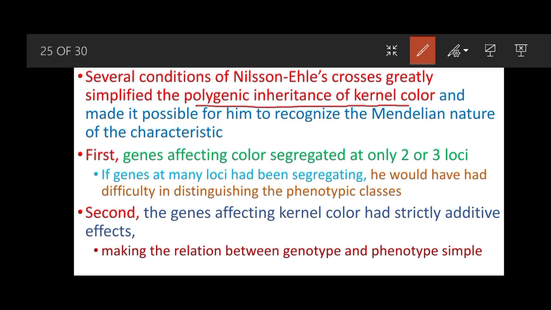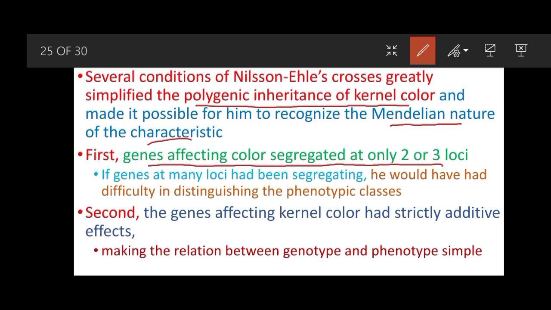Several conditions made it possible for Nelson to recognize the Mendelian nature of the characteristics. The first one is that genes affecting kernel color segregated at only two or three loci. If kernel color had been a multi-locus trait, it would not have been possible for Nelson to work this out.